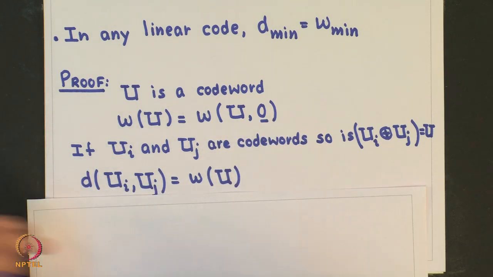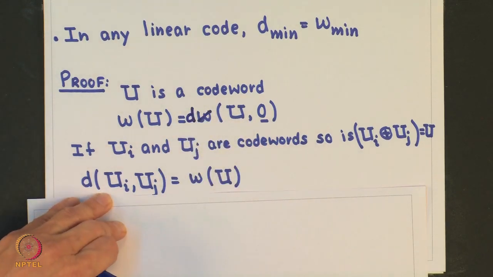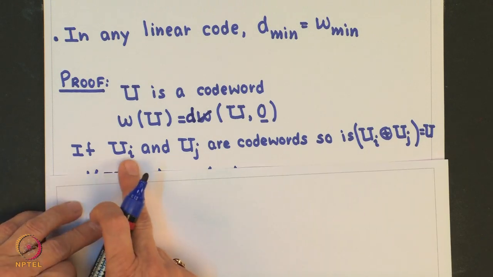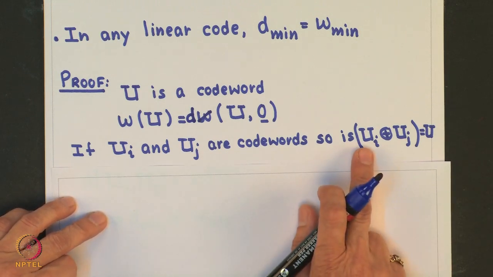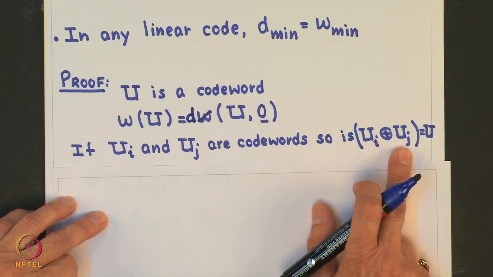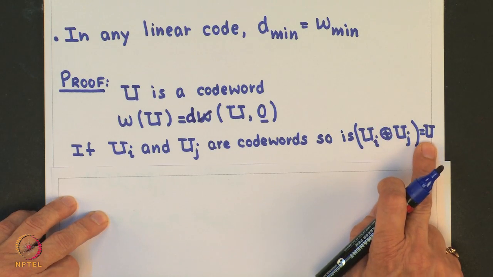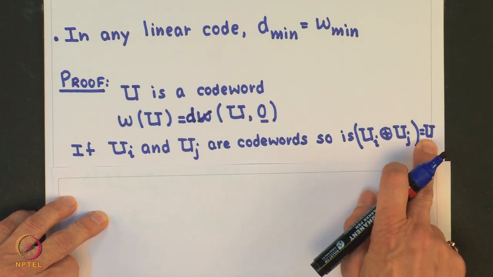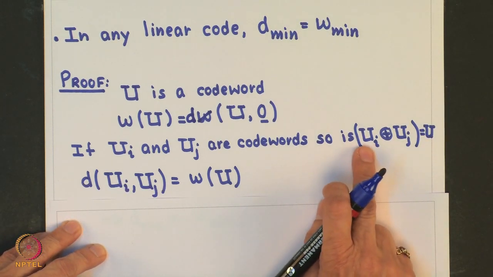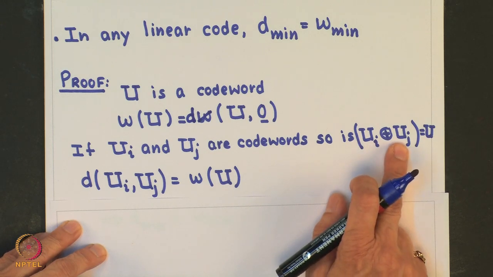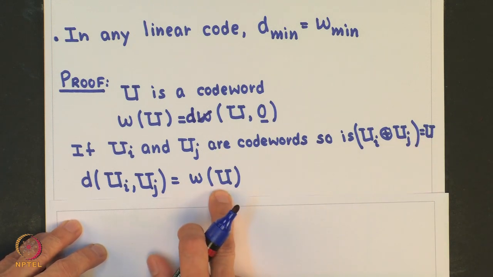So, this is equal to the distance, correct. Now, if Ui and Uj are code words, then if we take the sum of Ui and Uj, because this belongs to a linear code, this sum is going to be some code word U in that code. So, what it implies is that the distance between Ui and Uj is equal to the weight of this code word U, correct.